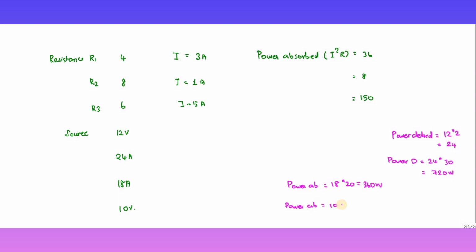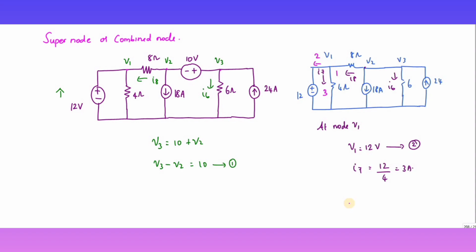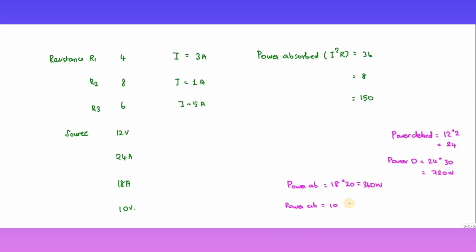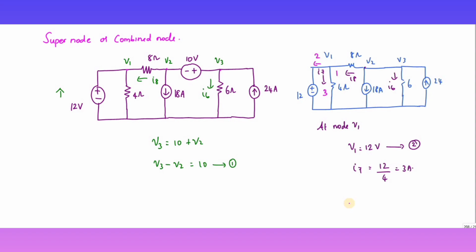This is also power absorbed. That is 10 volt into the current flowing through this one. What is I6? I6 is nothing but V3 divided by 6, which is 5.